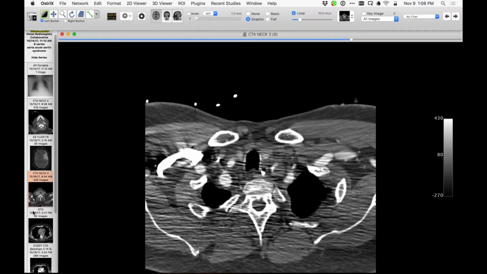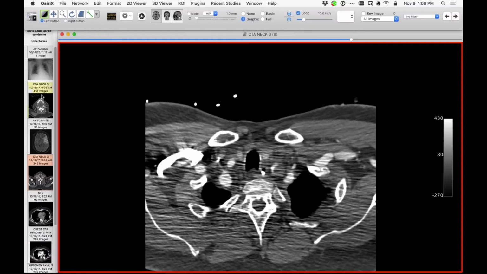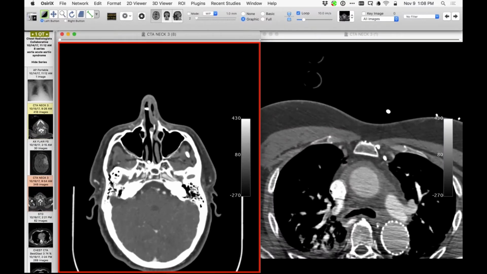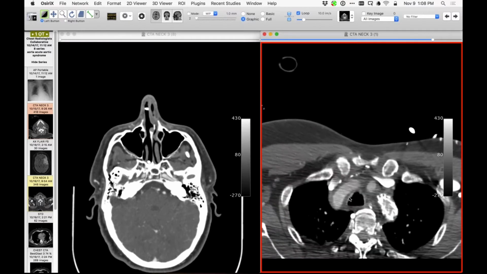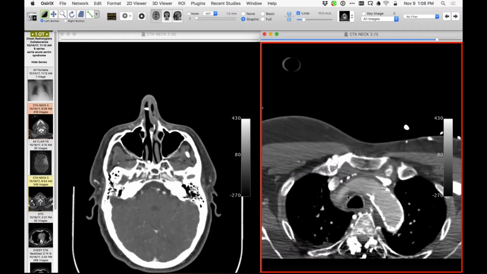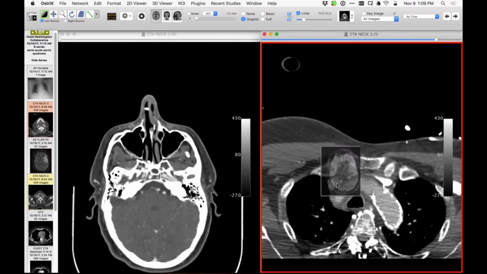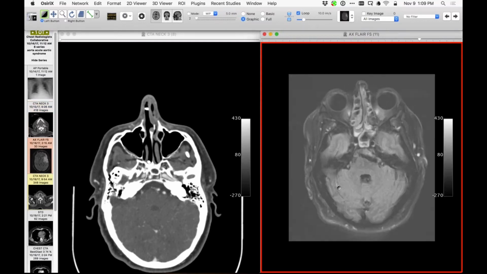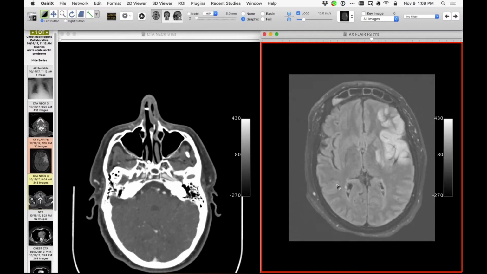And then when we look back at the next CT that he had 4 days prior to that, which I'll bring up alongside, I will show you that he also had some abnormality involving the wall of the innominate artery at that time, but to a lesser extent. So what subsequently followed, and I'll just show you some findings of a stroke that he had, and he also had some findings on some other MRI sequences that were suggestive of emboli elsewhere.